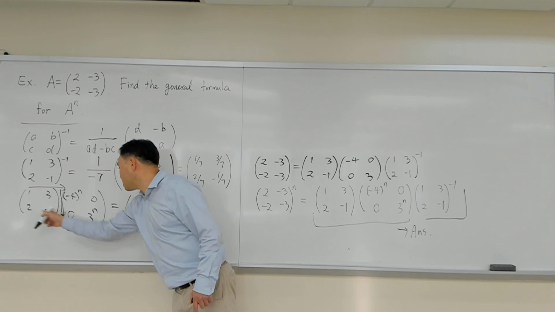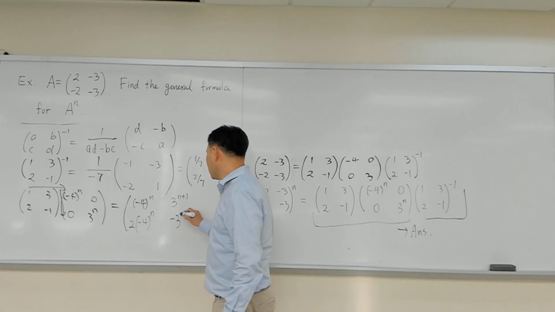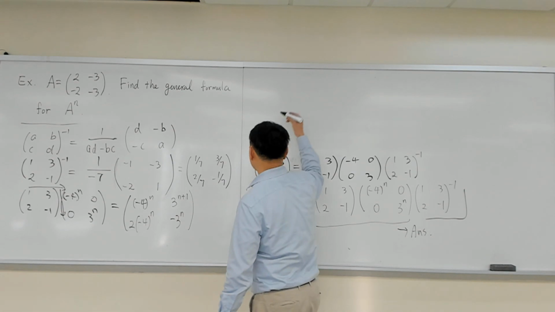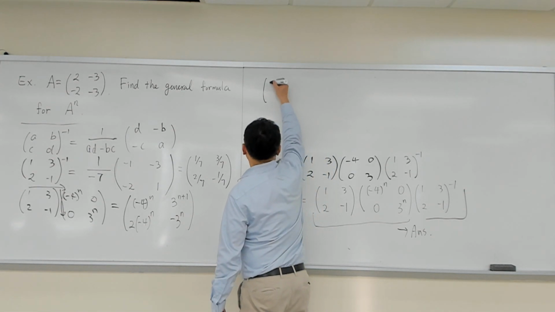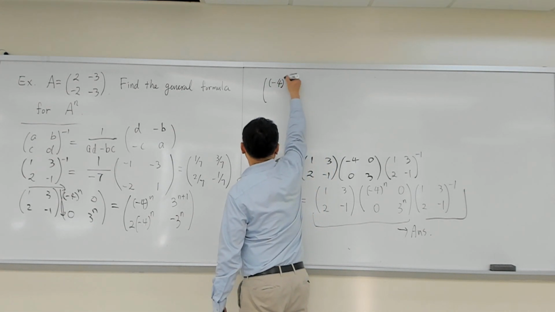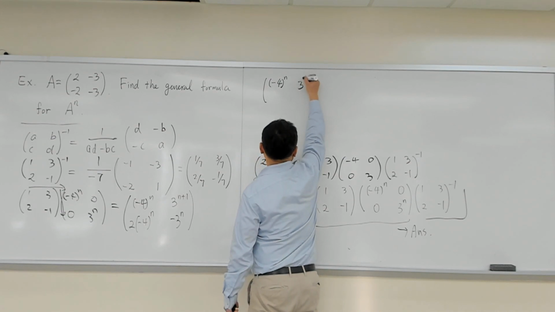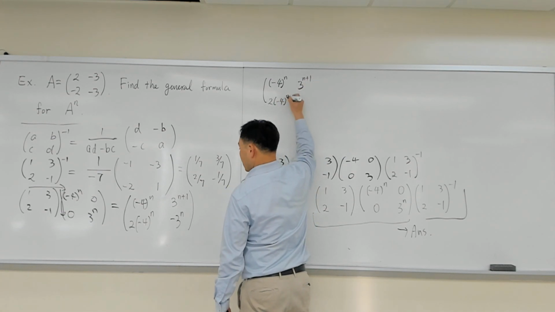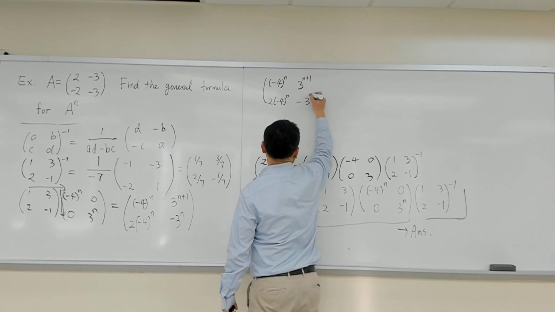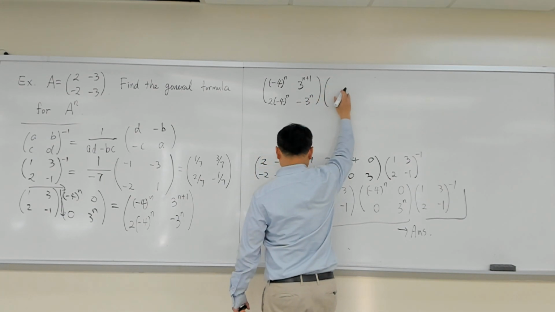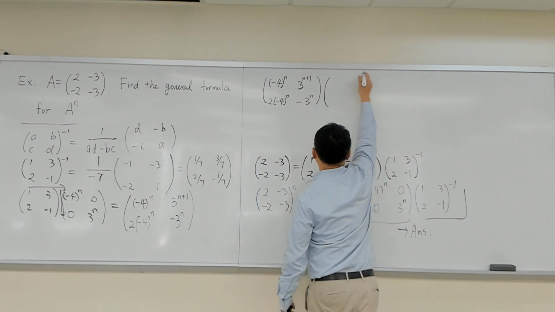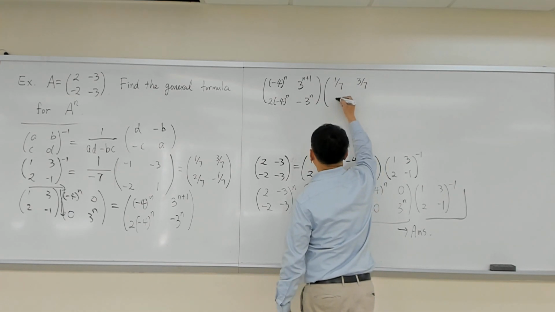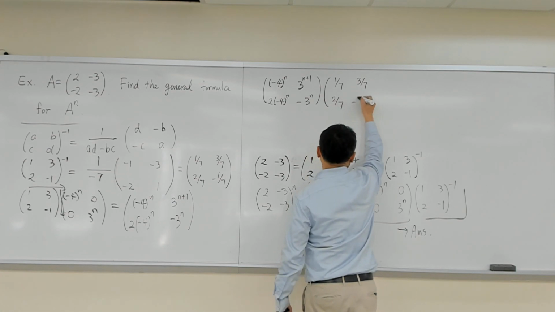And this times this gives you negative 3 to the nth power. And now these two have to be multiplied, so we have negative 4 to the nth power, 3 to the n plus 1, 2 times negative 4 to the nth power, negative 3 to the n times 1/7, 3/7, 2/7, negative 1/7.